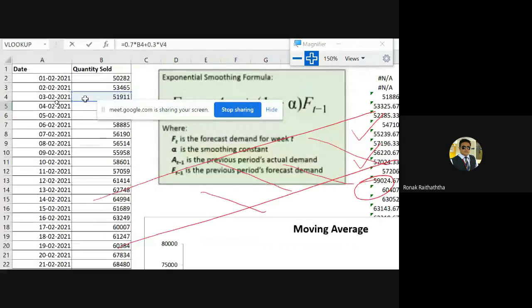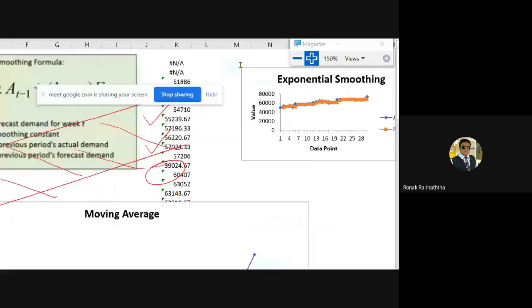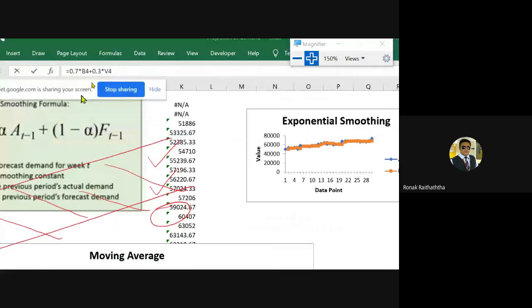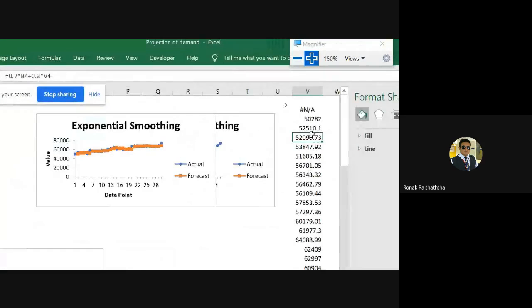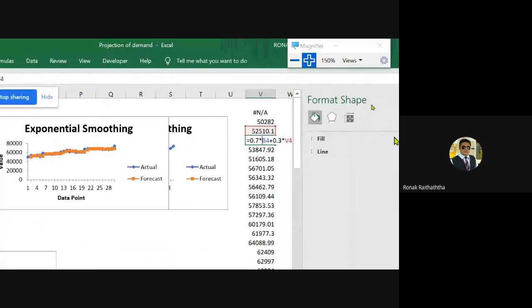So B4 is like this, which is 51,911, and 30% weight is given to the previous one. So that's happening all over the data, right?